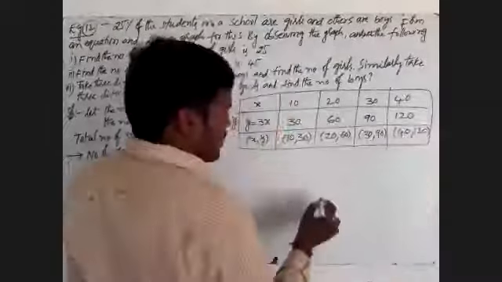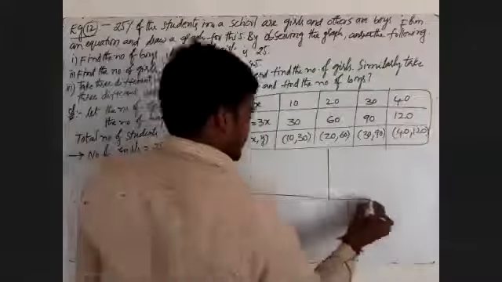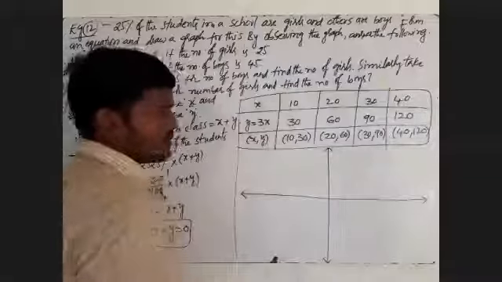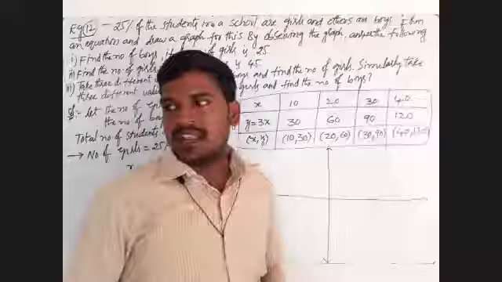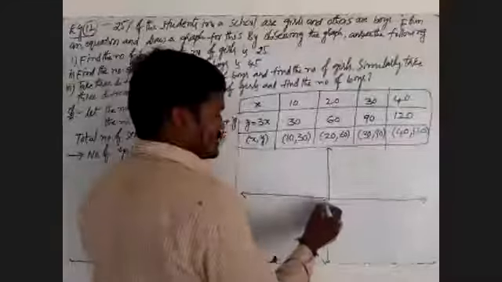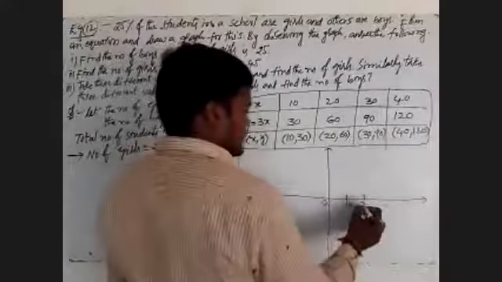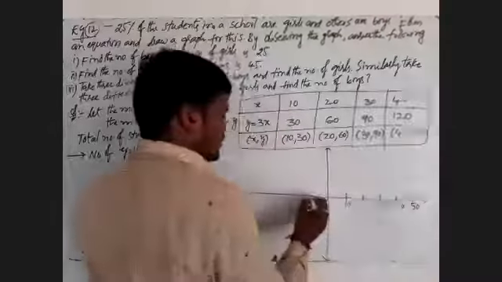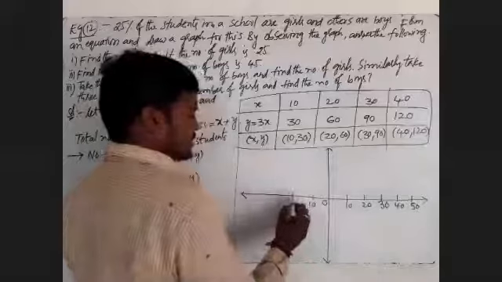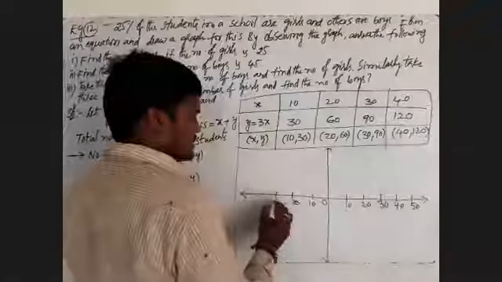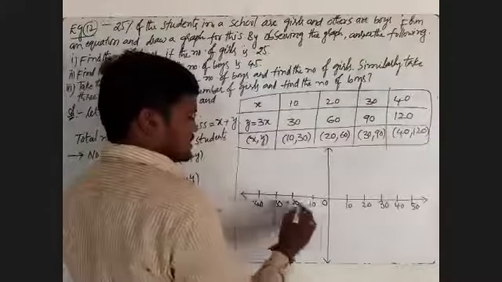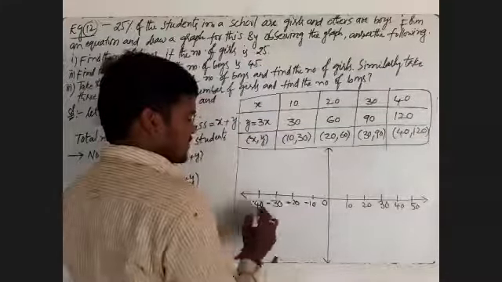Okay, I will draw a graph. This is the given graph. On the x coordinate we will take a scale of 10 units, and the y coordinate also 10 units. This is 0, 10, 20, 30, 40 and 50. On the negative x-axis we take minus 10, minus 20, minus 30, minus 40.